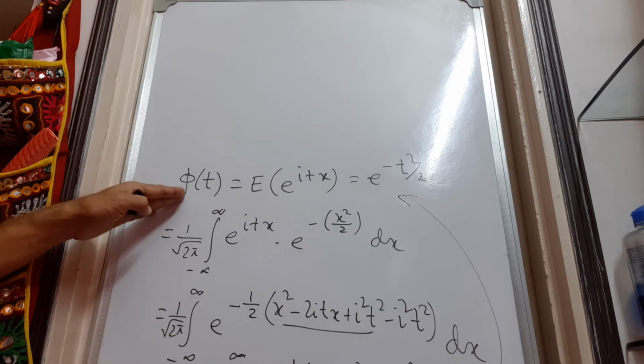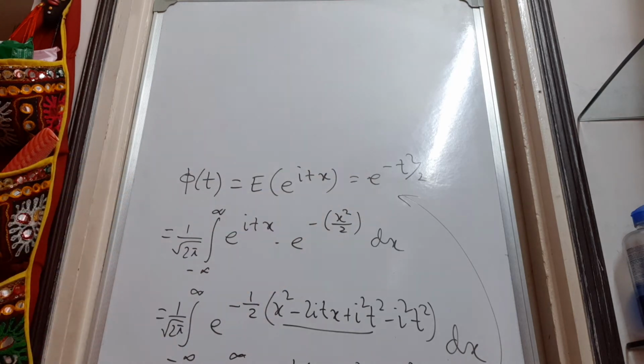So, the characteristic function is this. So, these are the basic traits of normal distribution.